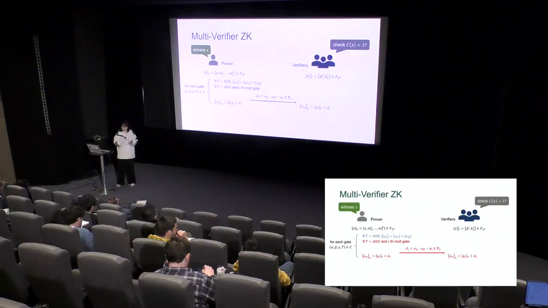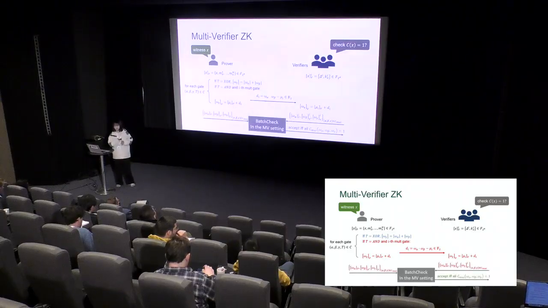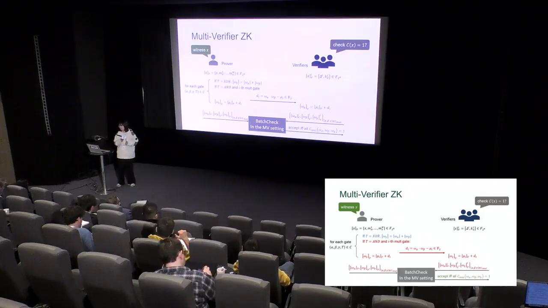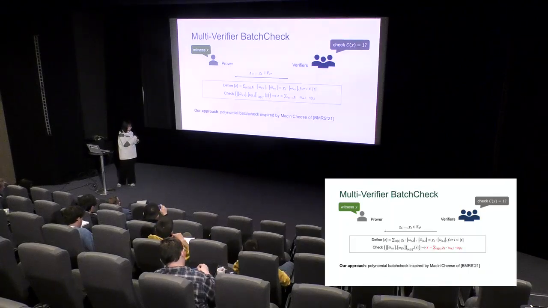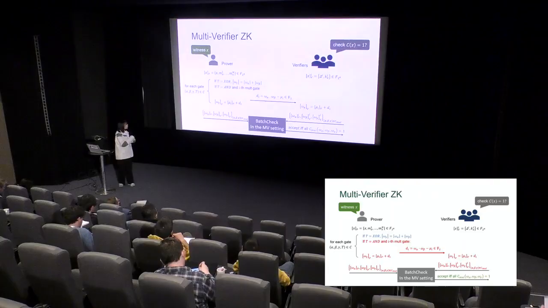This is simultaneous execution. Finally, we check the Boolean circuit with a batch protocol in the multi-verifier setting, which takes all the input and output multiplication tuples and outputs the result, whether the multiplications are computed correctly.